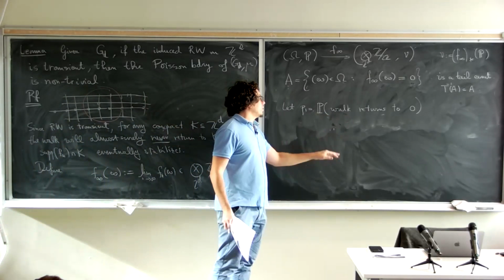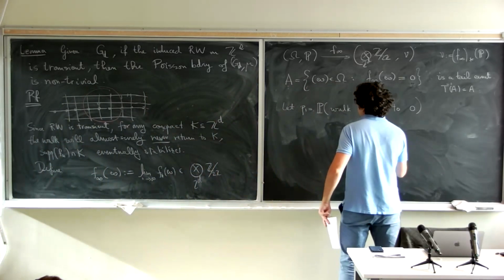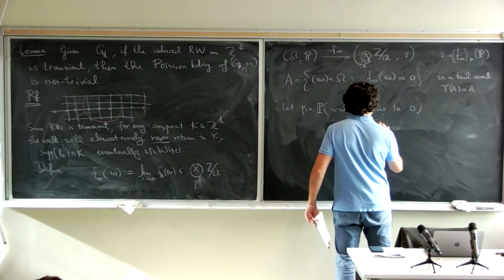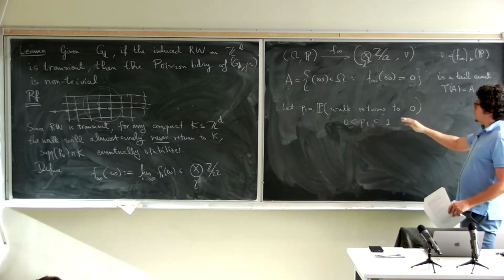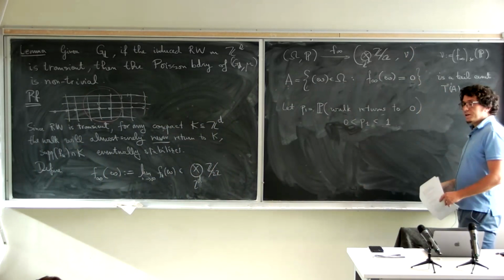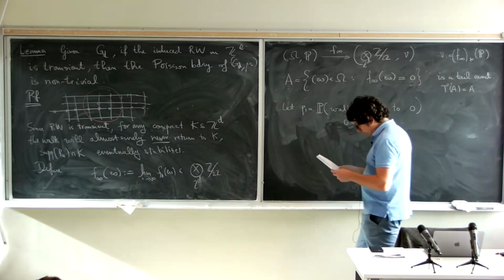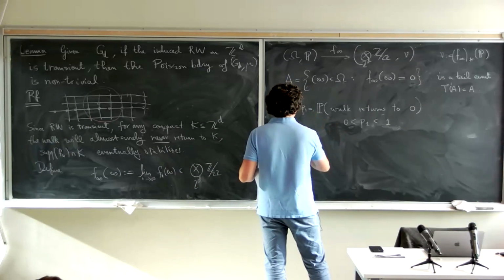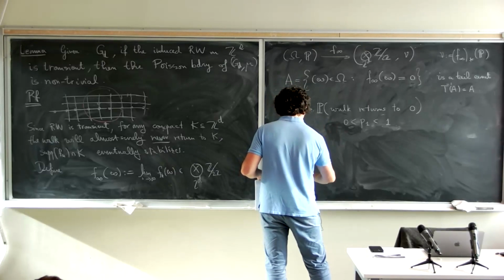This p is neither 1 nor 0. Because if the walk returns to 0 with probability 1, then the walk is recurrent. So it has to be something like that. Okay, and so now what is the probability of this set A and the probability of the set A complement?